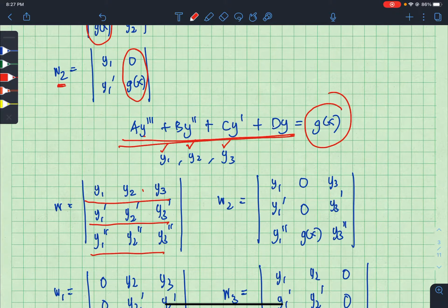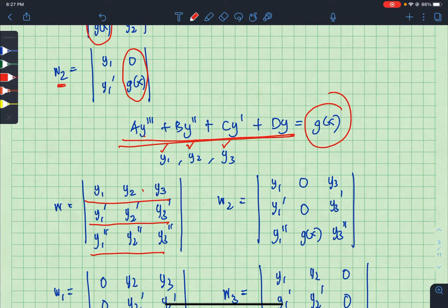So W will be equal to, we're going to write our two solutions. The first solution is e raised to x, and the second solution is x e raised to x. This one could interchange.